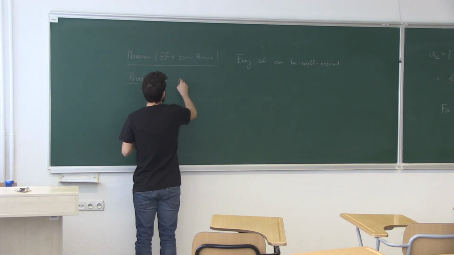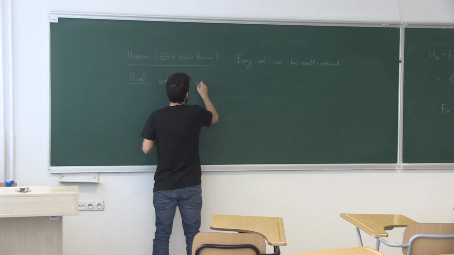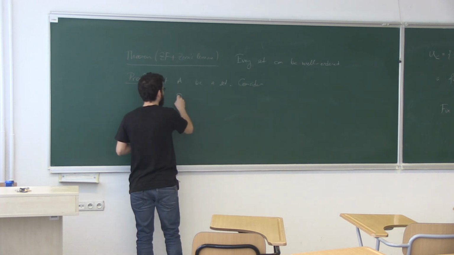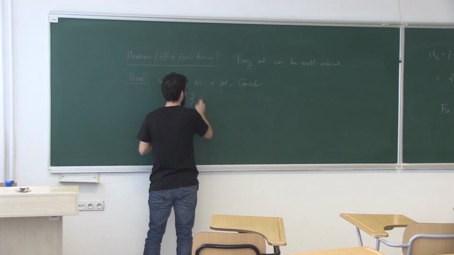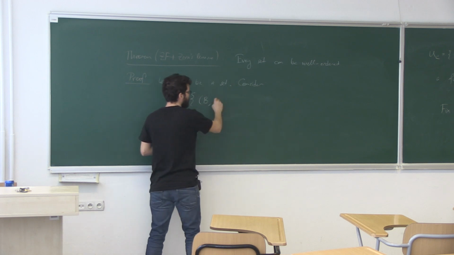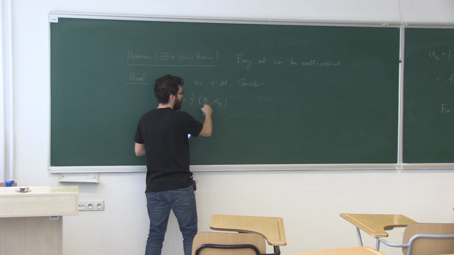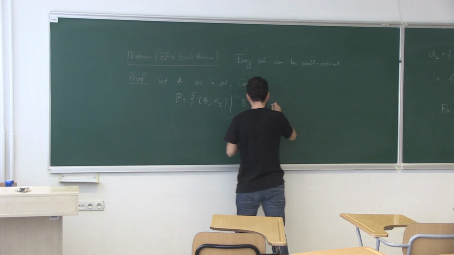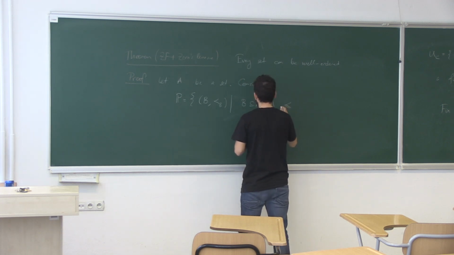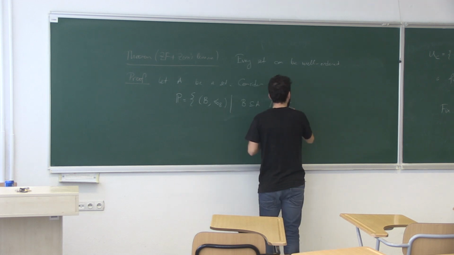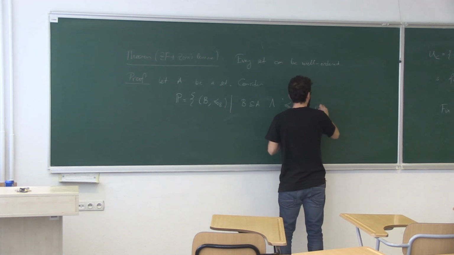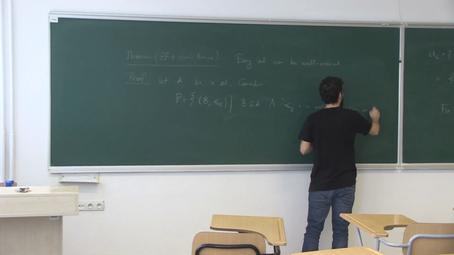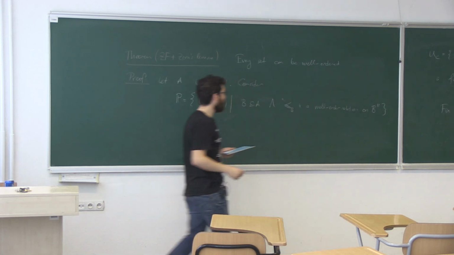So let A be a set. Consider the following set P, which consists of tuples B and some relation such that B is a subset of A, and this relation is a well-ordered relation on B. Okay?